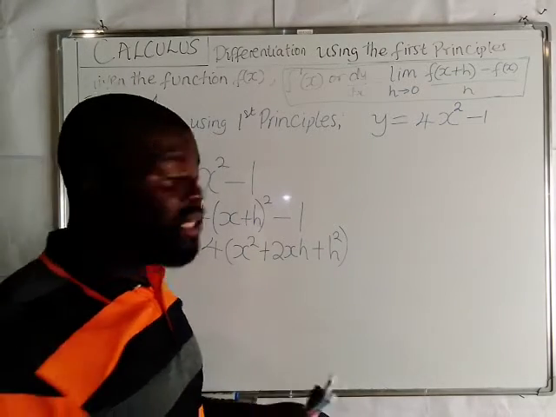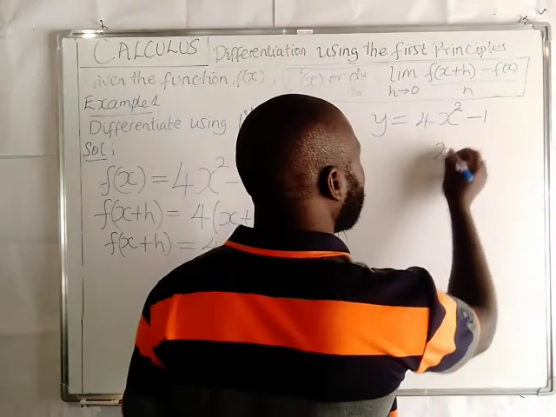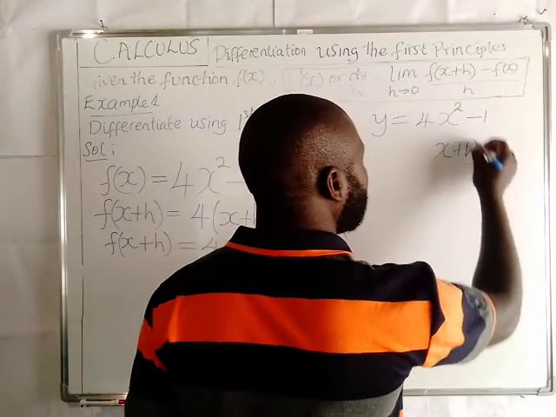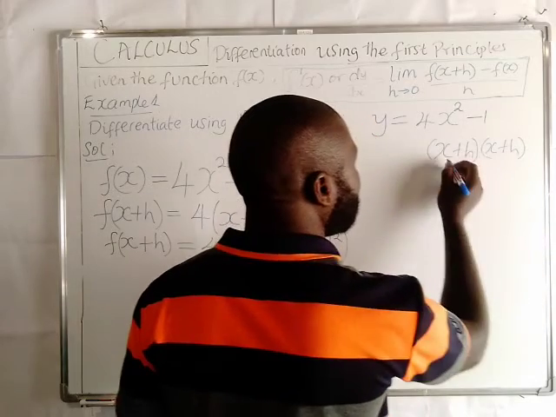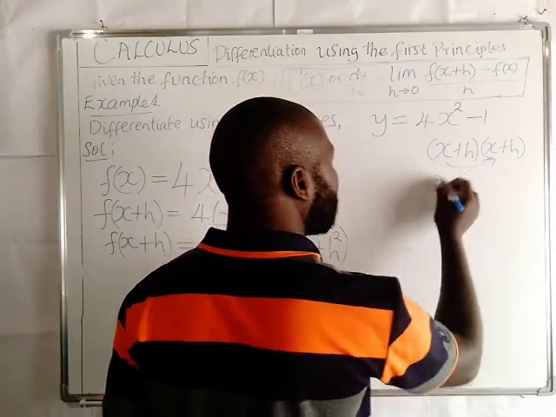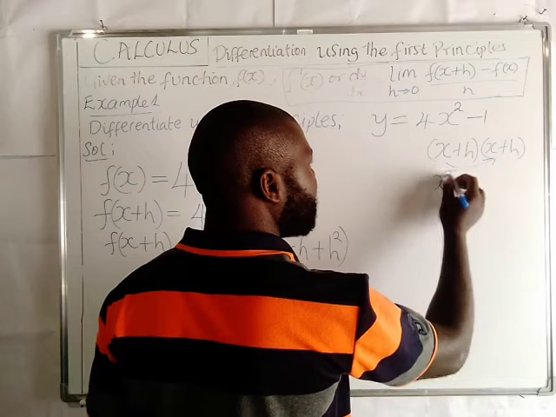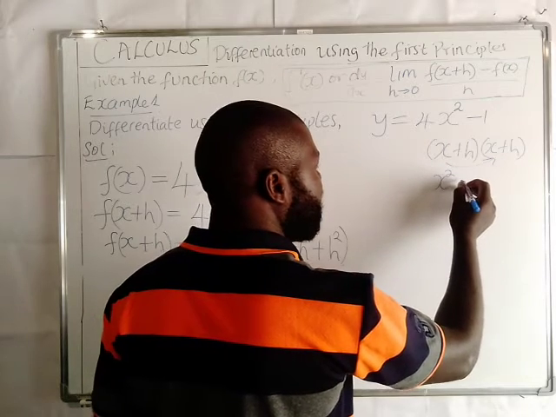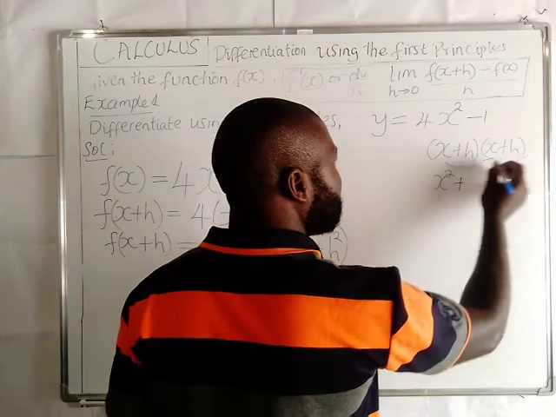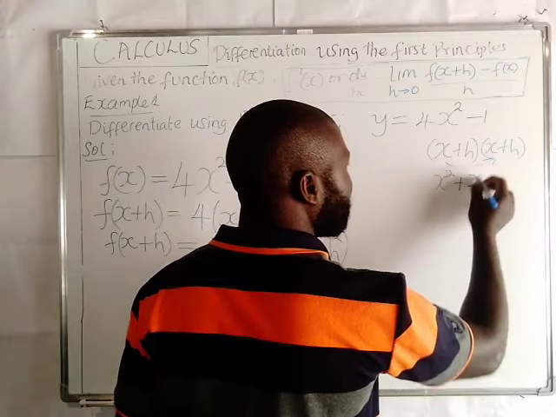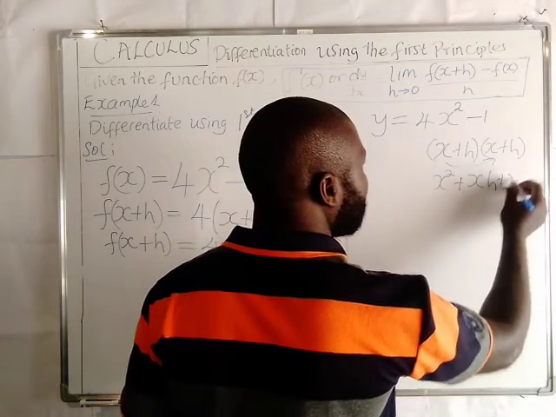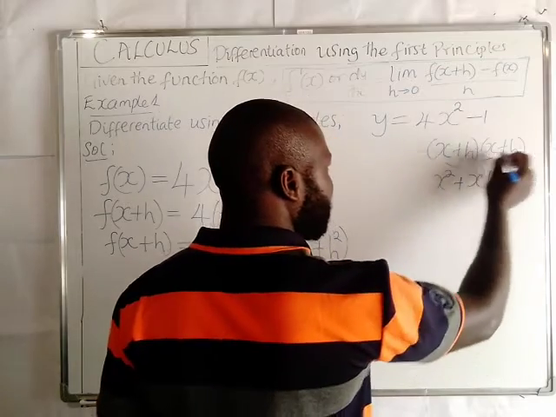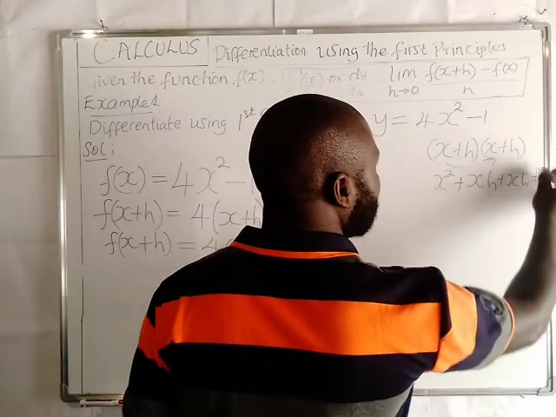Or ordinarily, we simply say x plus h, then we say h by h is h square, x by x is x square, plus x by h is xh, plus this and this is again xh, and this and this is h square.